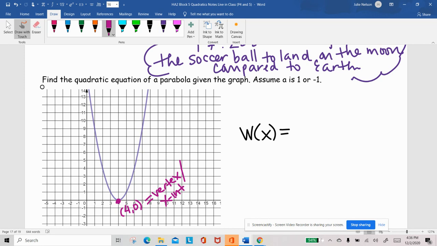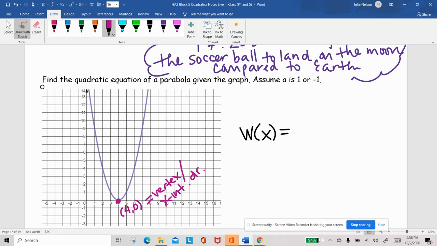One vertex, one x-intercept. That tells you that normally you're supposed to have two x-intercepts, so this is what we call a double root. Anytime you only have one x-intercept, it's a double root when you're talking about quadratics.